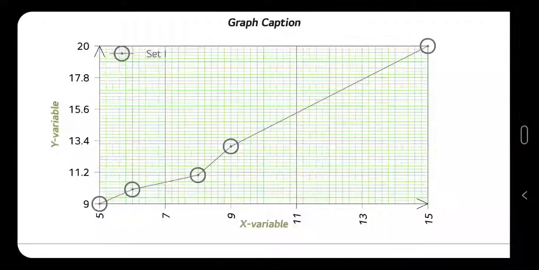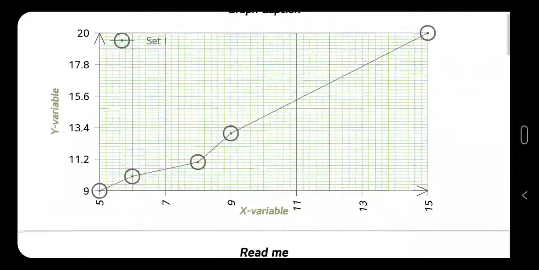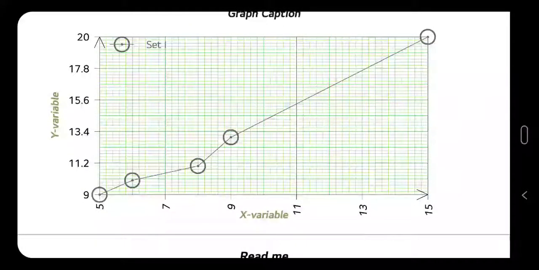They have set the value range according to them. For the y variable they have taken 9, 11.2, 13.4, then 15.6, which is dependent on you, how you want to take it. And for x they have taken 5, 7, 9. These values can be different.